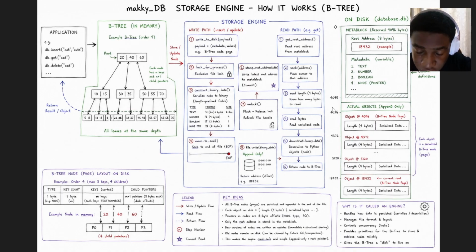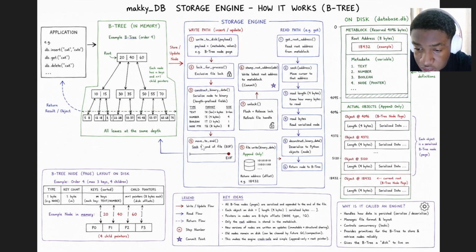And like I said previously, each B-tree pointer would hold the address of where their next node is. So we'll take that address and move the cursor to that address, and then read the appended bytes.